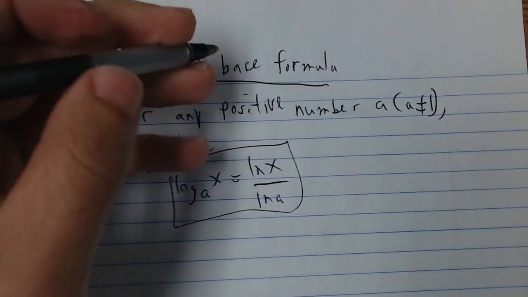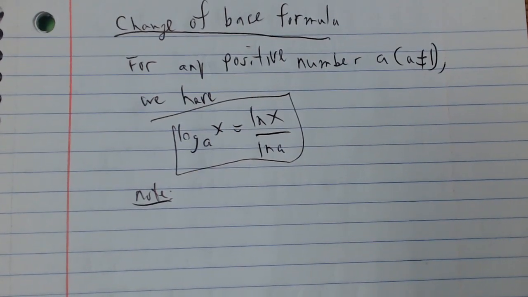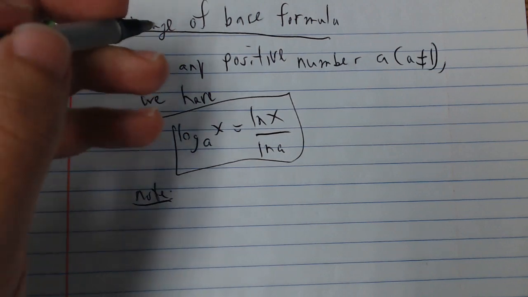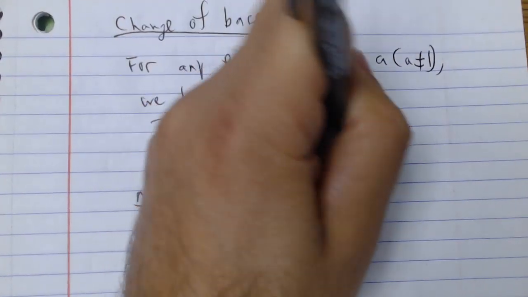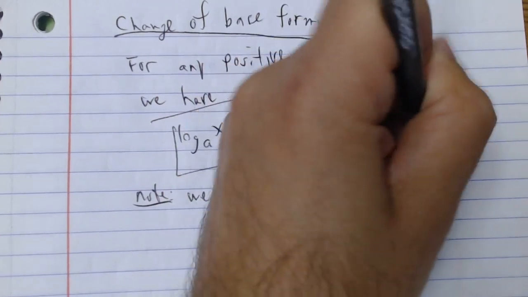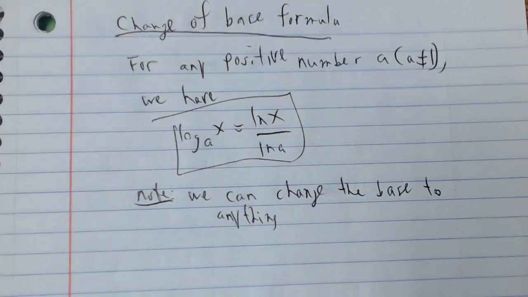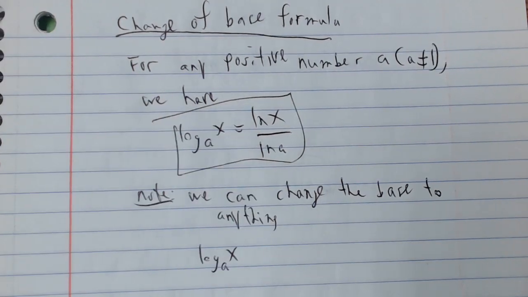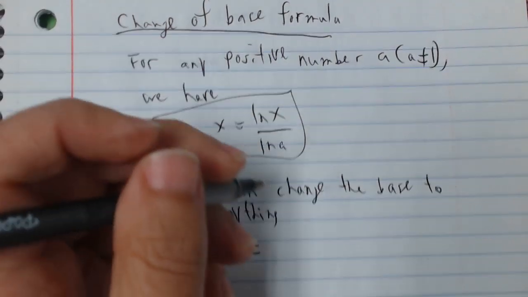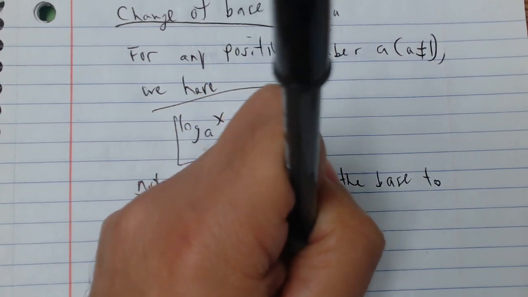But if you remember in analysis, and let's make a note of that here just to refresh your memory, we said that we can change the base to anything of our liking. For example, we can take log base a of x, and we can say that equals log base b of x all over log base b of a.